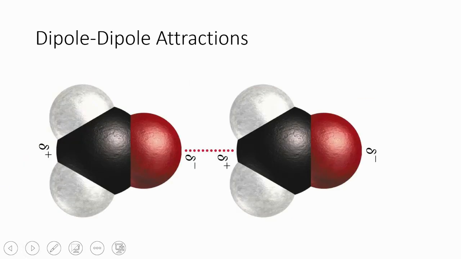Well, if I look here, you're going to note that this looks very similar to the drawings that we made of London dispersion forces, where we have two molecules, they're lined up such that the positive side of one molecule interacts with the negative side of the other molecule. And that interaction right here, let me draw an arrow.